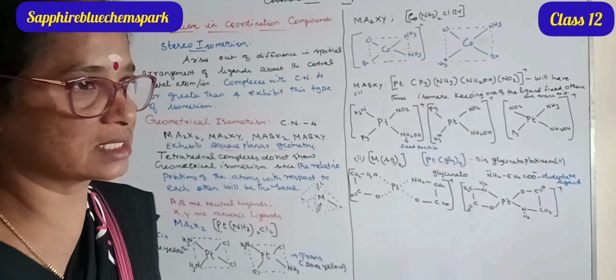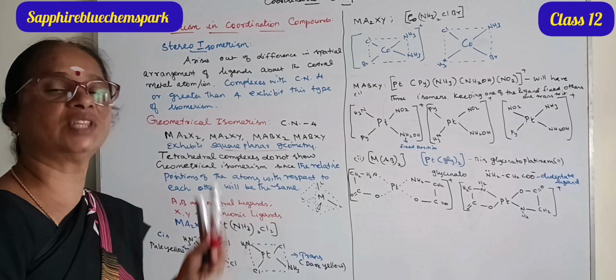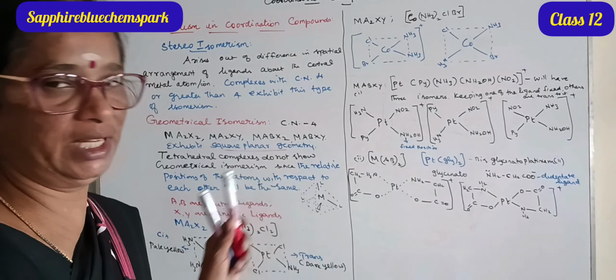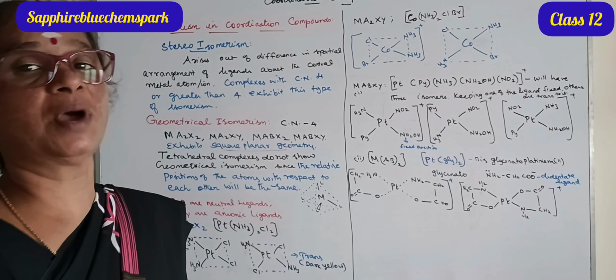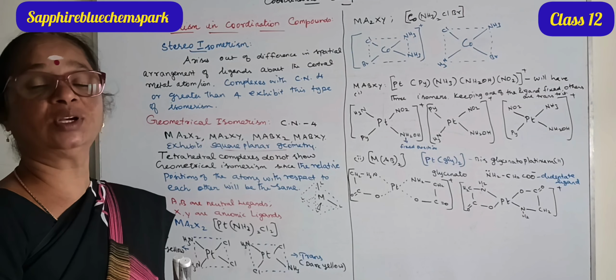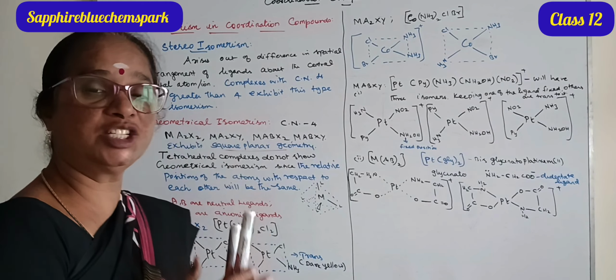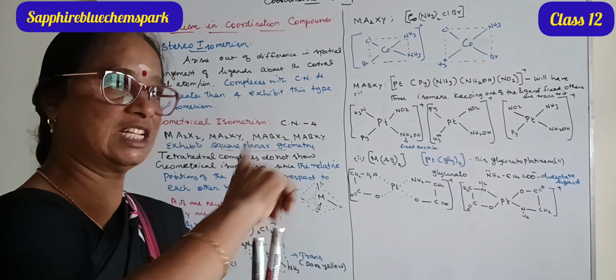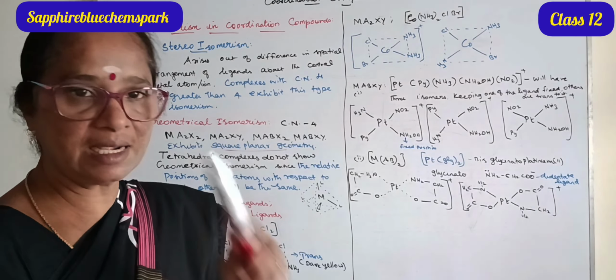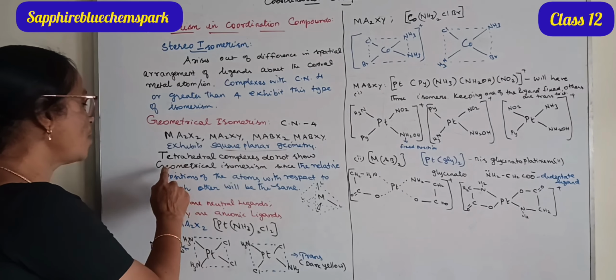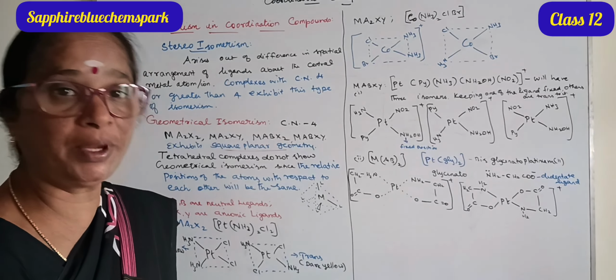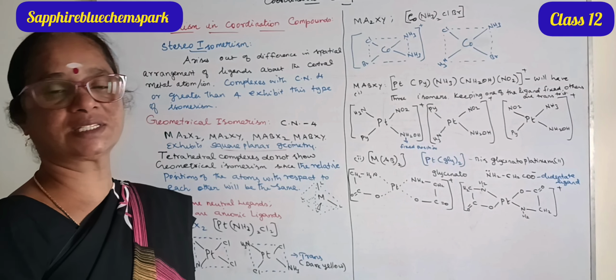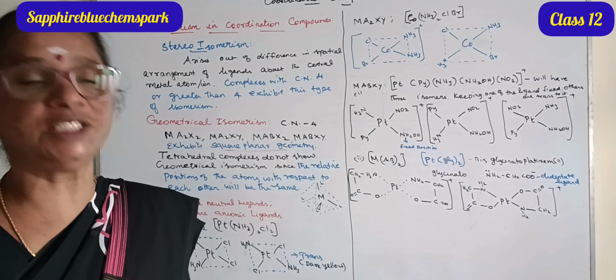This is because the relative positions of the ligands with respect to each other will be the same, and hence we can't distinguish the spatial arrangement of the 4 ligands with respect to one another. Hence geometrical isomerism cannot be exhibited by complexes having tetrahedral geometry.